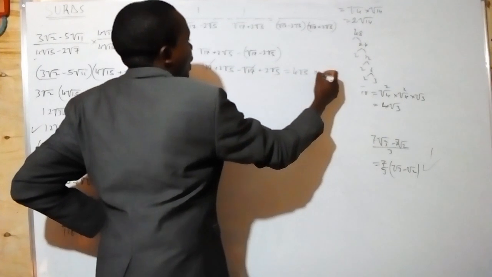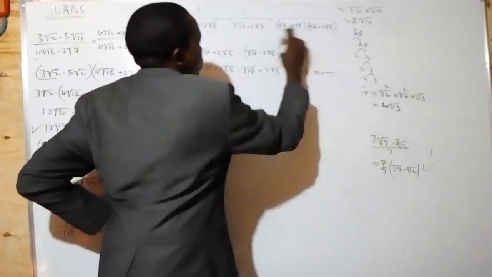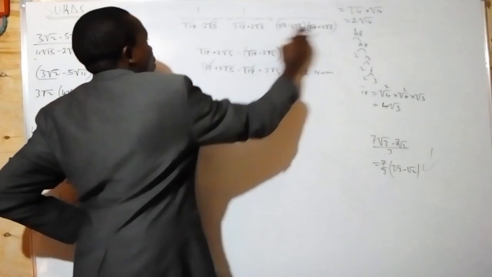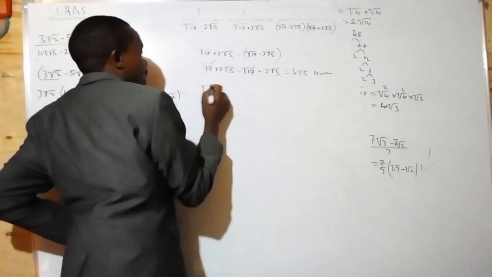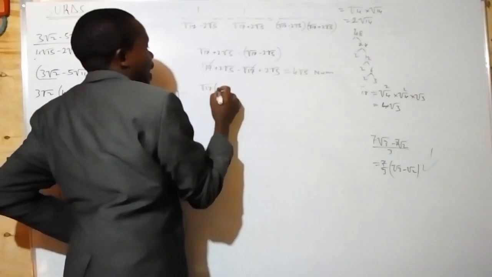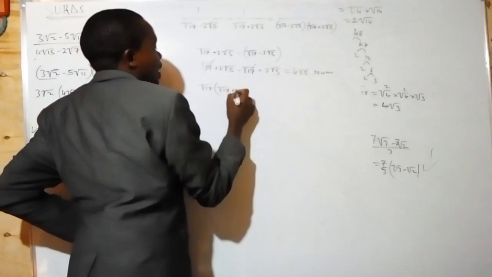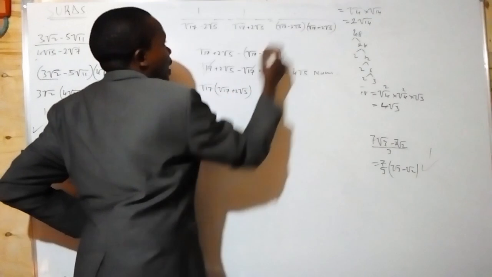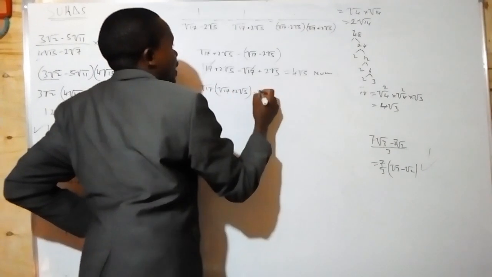We are going to expand this. We say root 17 plus 2 root 5, negative 2 root 5, root 17 plus 2 root 5.